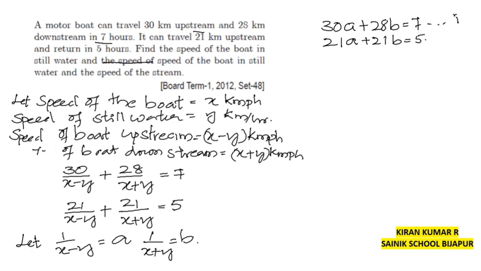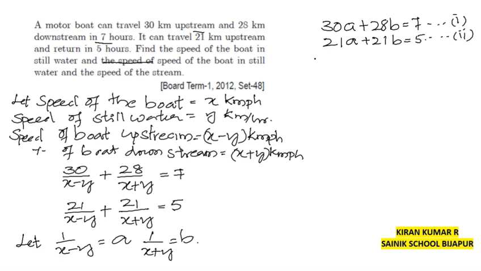Let me call this equation 1 and this equation 2. How do we solve equations 1 and 2? I can make the coefficients the same and follow the elimination method. If you multiply equation 1 with 3 and equation 2 with 4, 28 times 3 is 84 and 21 times 4 is 84, therefore I can eliminate b.